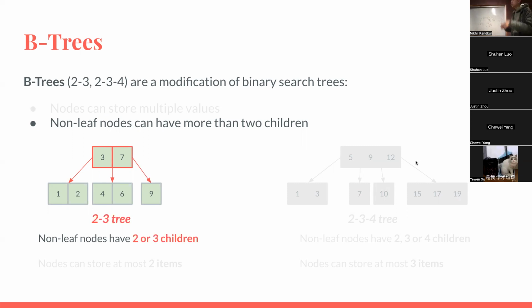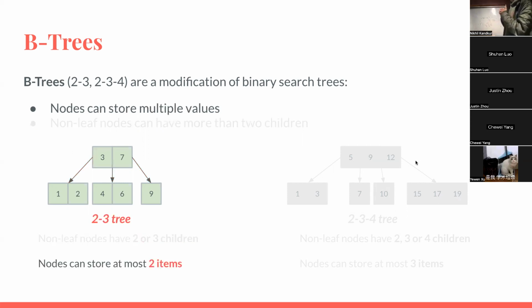The second thing is nodes now can store more than one value, right? In the specific case of a 2-3 tree, nodes can store 2 items. So you can see the root and its 2 left children all have 2 items in there, right? The root has 3, 7, its left child has 1, 2, and the middle one has 4 and 6. That's allowed in these B trees, which is not allowed in BSTs, right?